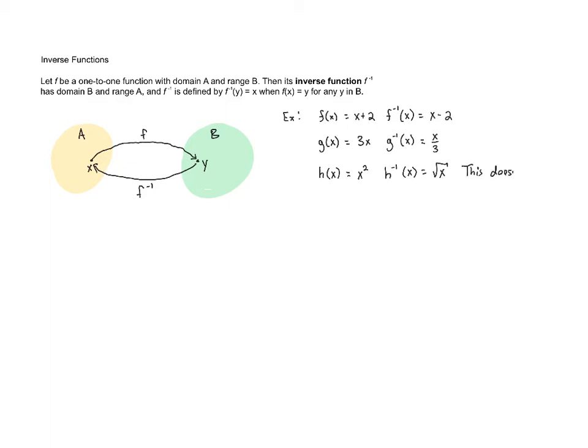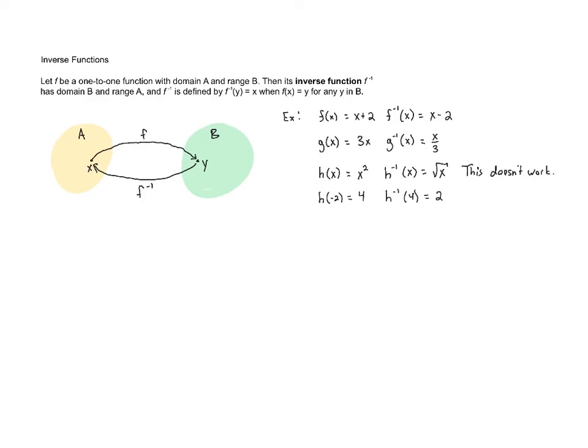The reason is that if we evaluate h of -2, we know that -2 squared is positive 4. But if we try and evaluate this at 4, we get the square root of 4, which is positive 2.